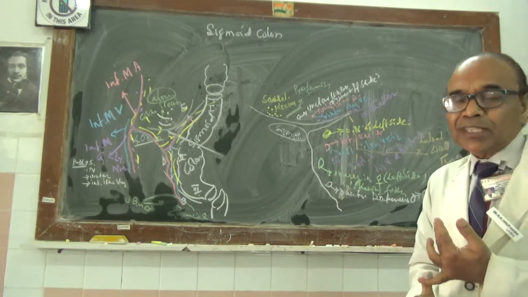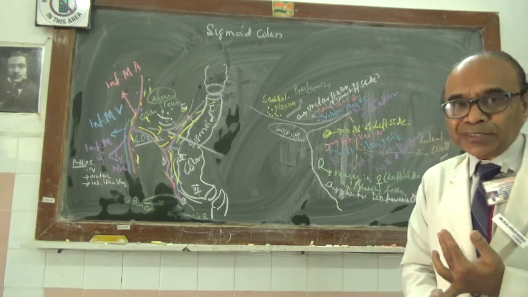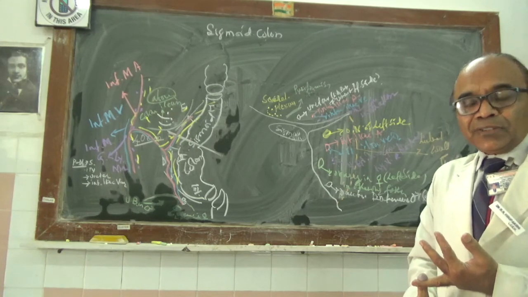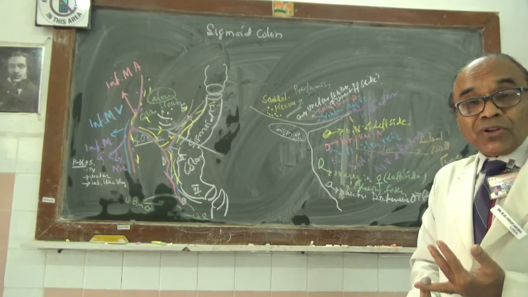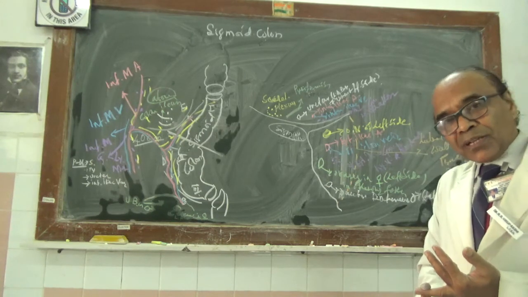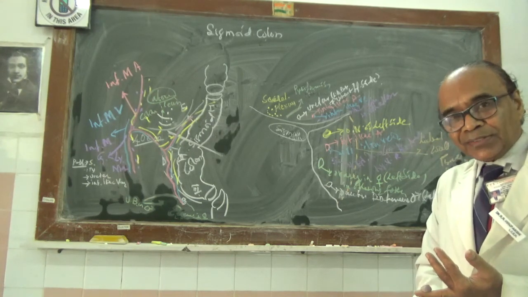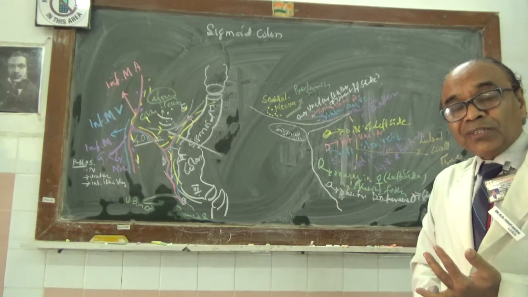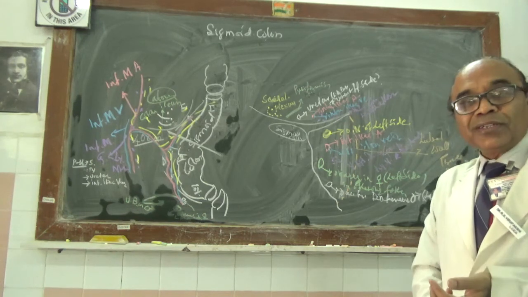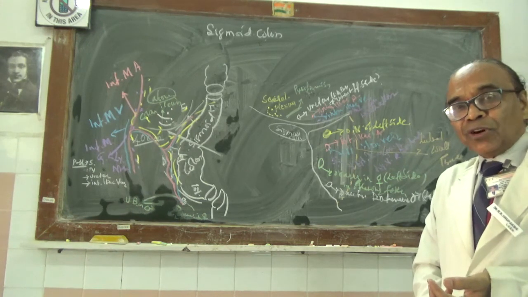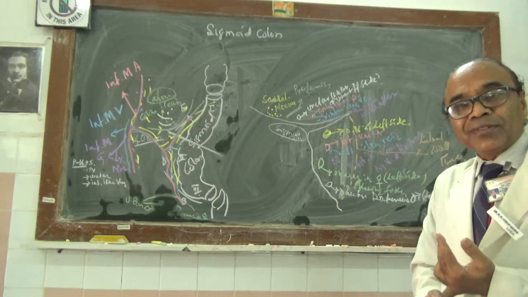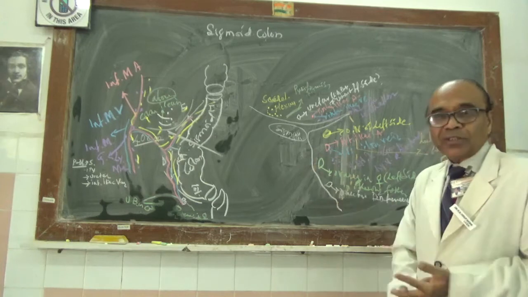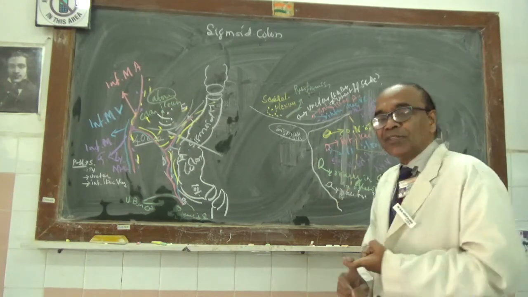Sigmoidal ulcers are ulcers in the sigmoid colon, or inflammation of the sigmoid colon, also called colonic colitis. So inflammation of the sigmoid colon mucosa is called colitis, sigmoidal ulcers or colonic ulcers. Then cancer of the sigmoid colon, tuberculosis of the sigmoid colon.